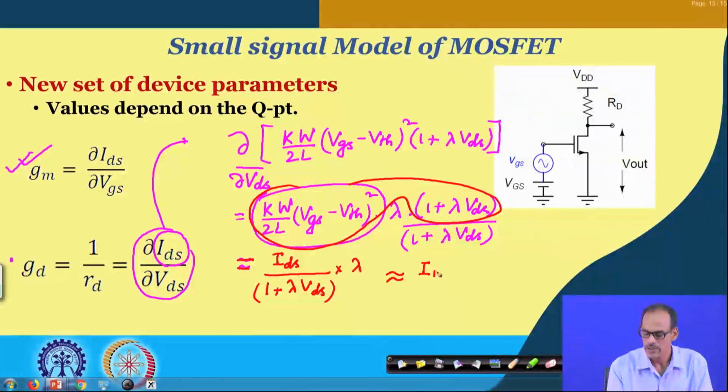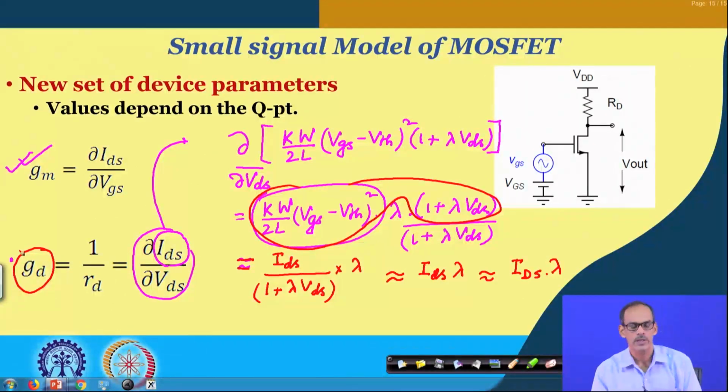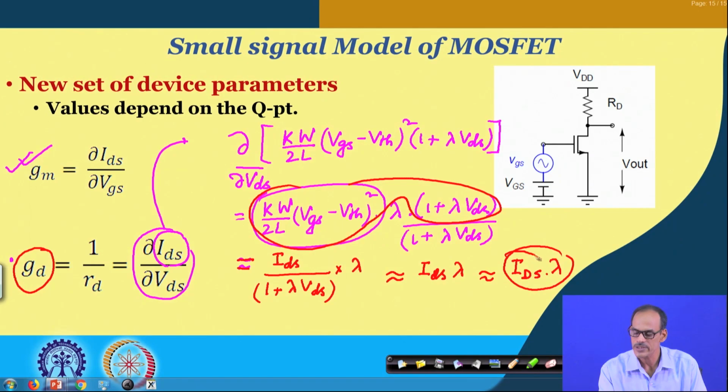So, this is IDS into lambda, and further we may say this is capital IDS into lambda. So, that is the expression of the output conductance, the drain conductance, lambda into IDS. Again, here also you can see that it directly depends on the operating point.